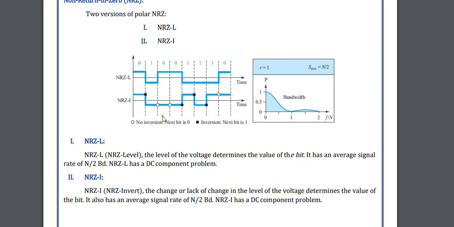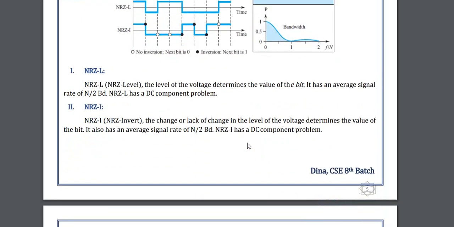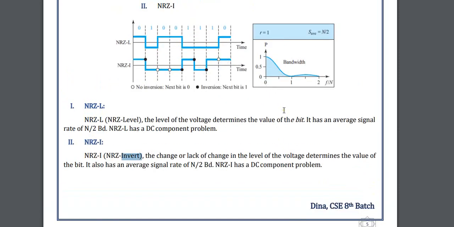So after inversion, you can see in this section that in the white blocks the next bit is 0 or no inversion, but when the bit is inverted it is denoted by this black, and the next bit is obviously 1. NRZ-L is for level and NRZ-I for invert. We have already discussed those topics in this diagram.